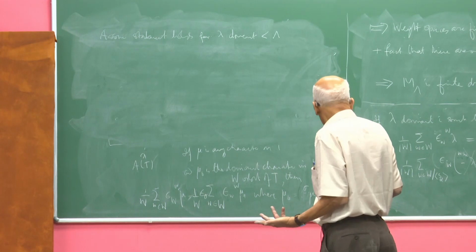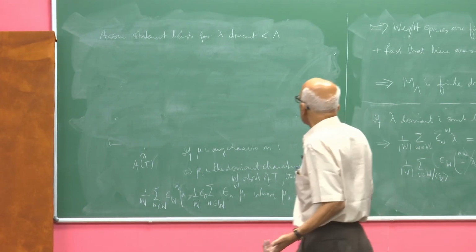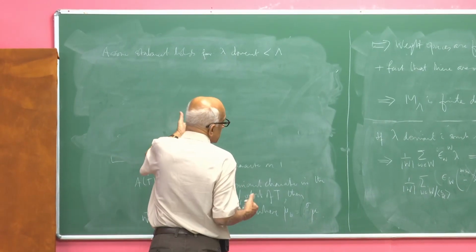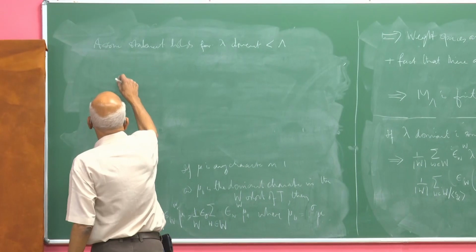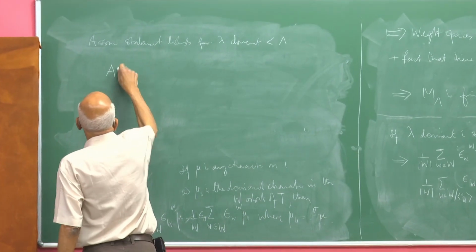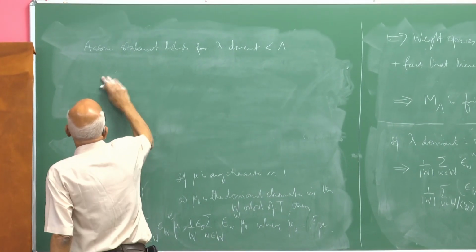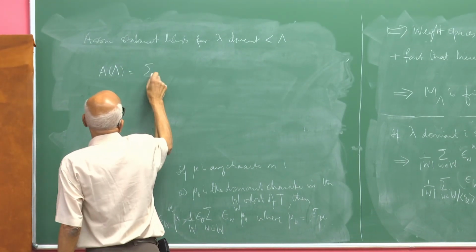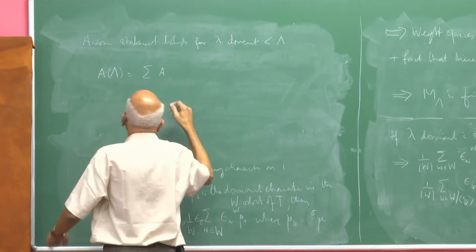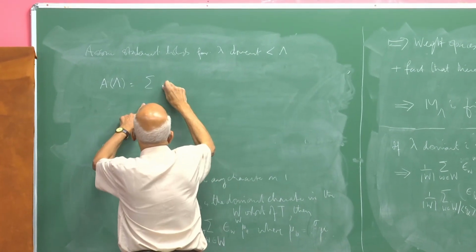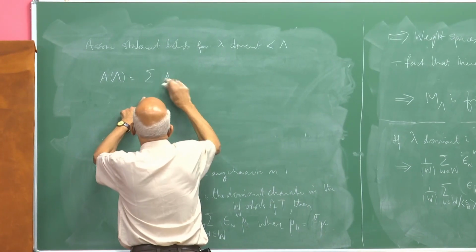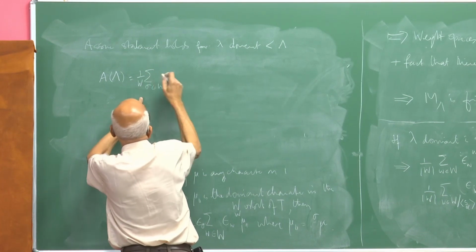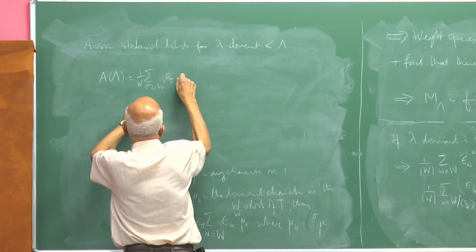In other words, I look at, let me call it, A lambda, the sum over sigma of epsilon(sigma) sigma lambda.